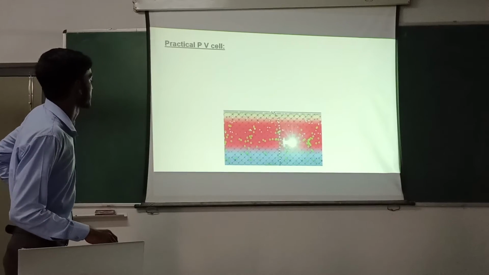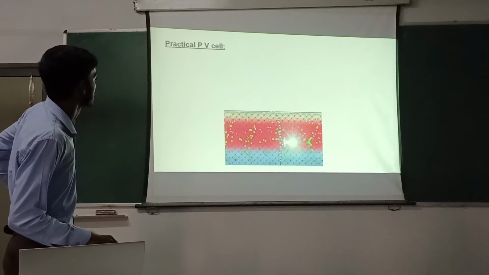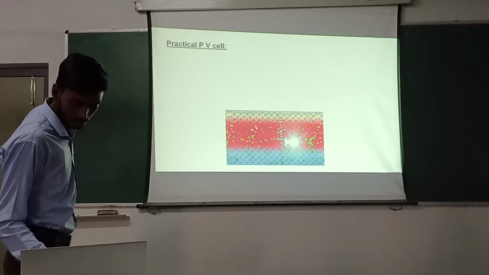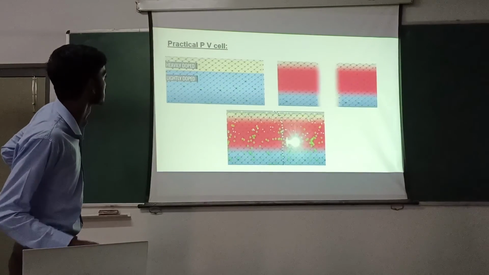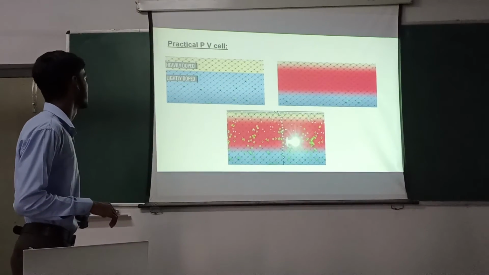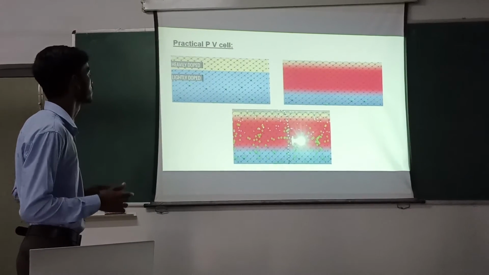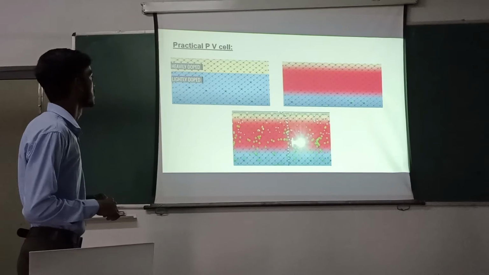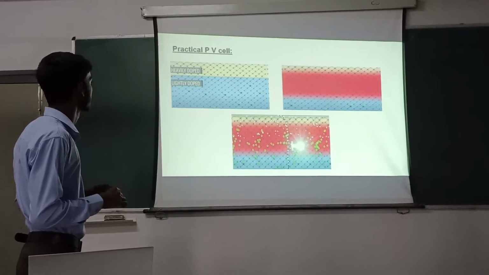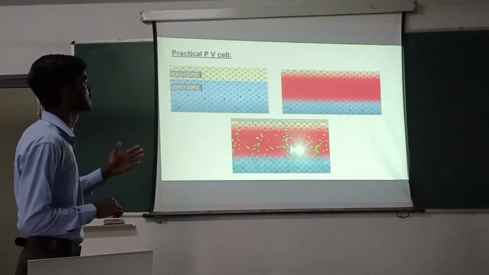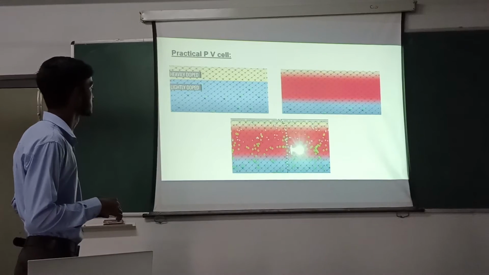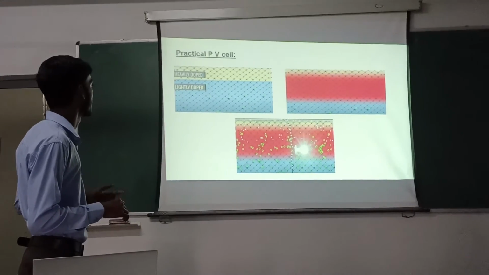Now coming to the practical PV cell. In a practical PV cell, the upper portion, the N side, is heavily doped and the P side is thick and lightly doped, so that the depletion region thickness is very high.